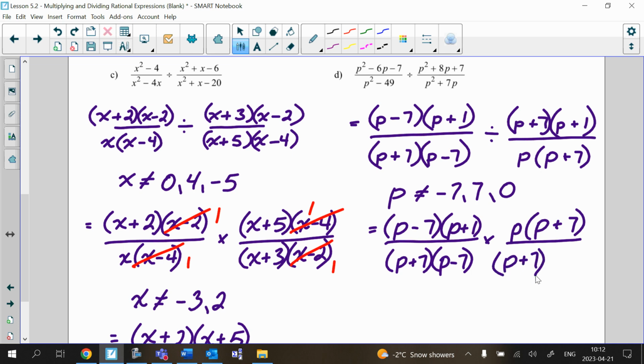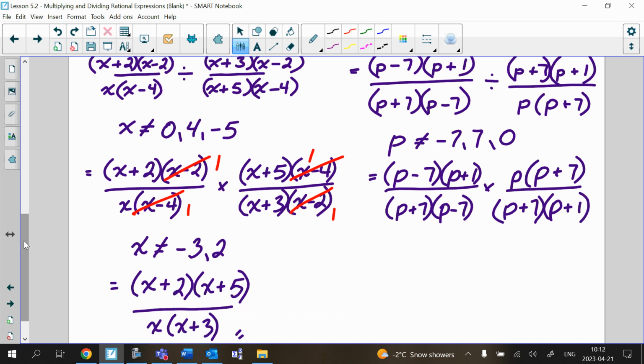Now we're ready to go to town. P plus 7s can go. P minus 7s can go. P plus 1s can go. And that's as far as I can go.